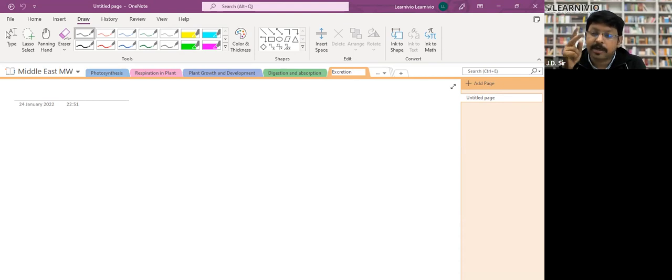In our eye there are two types of cells: rod cells and cone cells. Cone cells make us capable of seeing in the daytime. Rod cells make us capable of seeing in the night time. We have more cone cells and fewer rod cells.